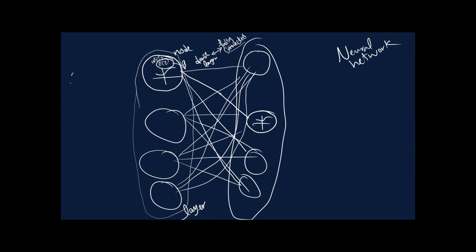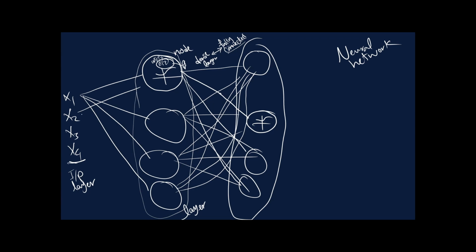Okay. So if we have our features like that, we could name this the input layer, and this is fed to every classifier, of course, because every classifier will see all the features.